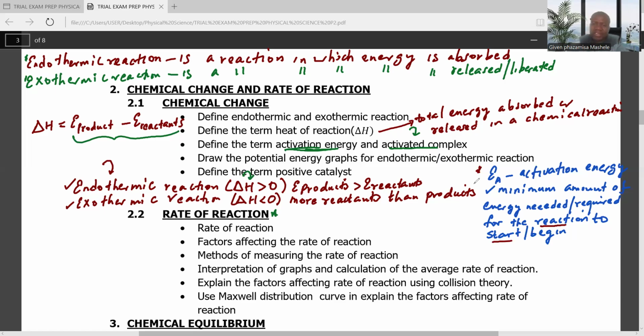Then another one is being able to define what an activated complex is. An activated complex is the unstable transition from the reactants to the product in a chemical reaction.